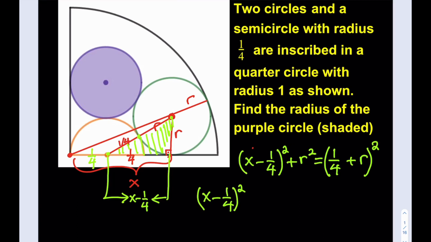And then if I just write it as R squared, and let me expand the right-hand side. 1/16 plus 1/2 of R plus R squared. Okay, so R squared cancels out, which means that we have a relationship between R and X, and R is linear, not quadratic. Okay, cool. Now, this doesn't really give us much at this point, so let's leave it like that, and then look at the other triangle.